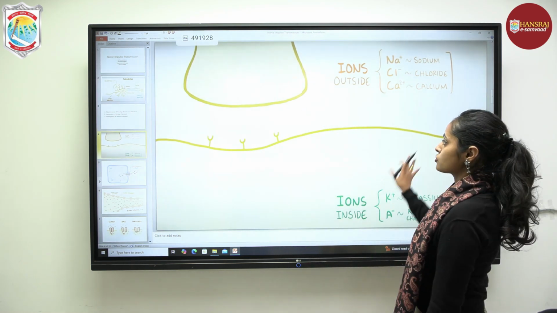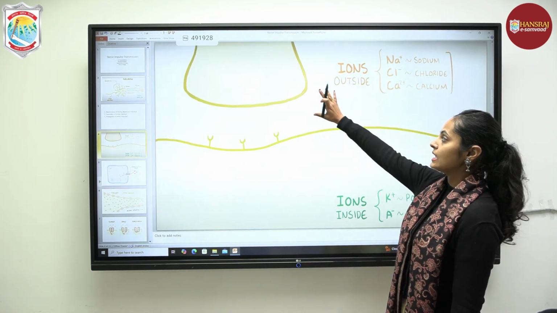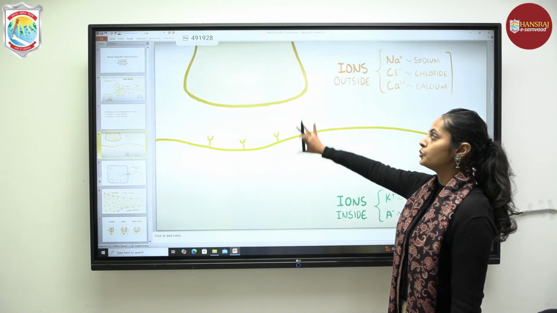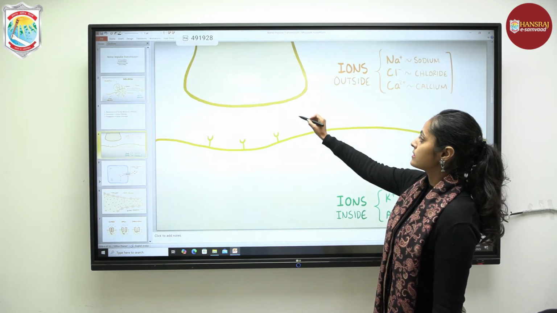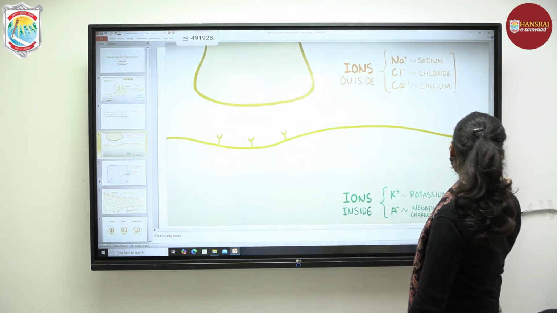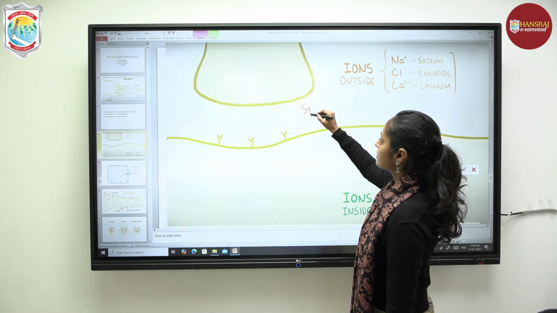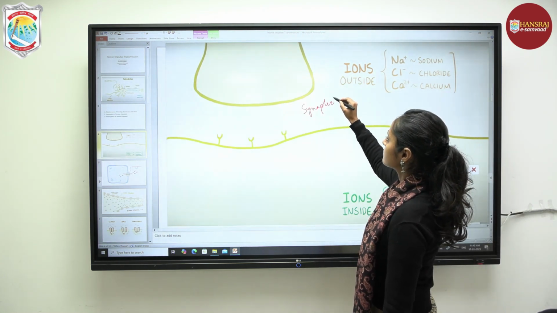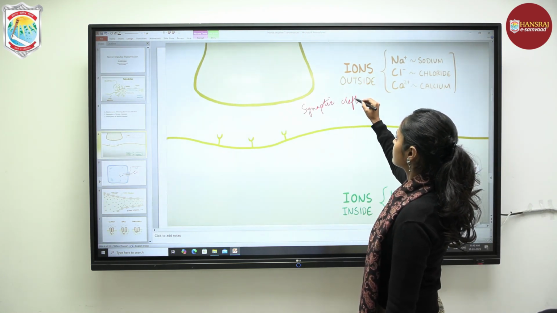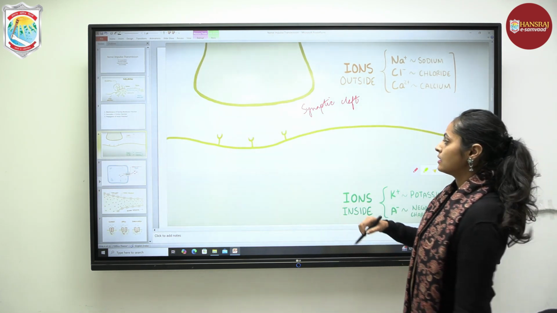So this structure represents the gap between 2 neurons, right? And this space can be called as synaptic cleft. Right?